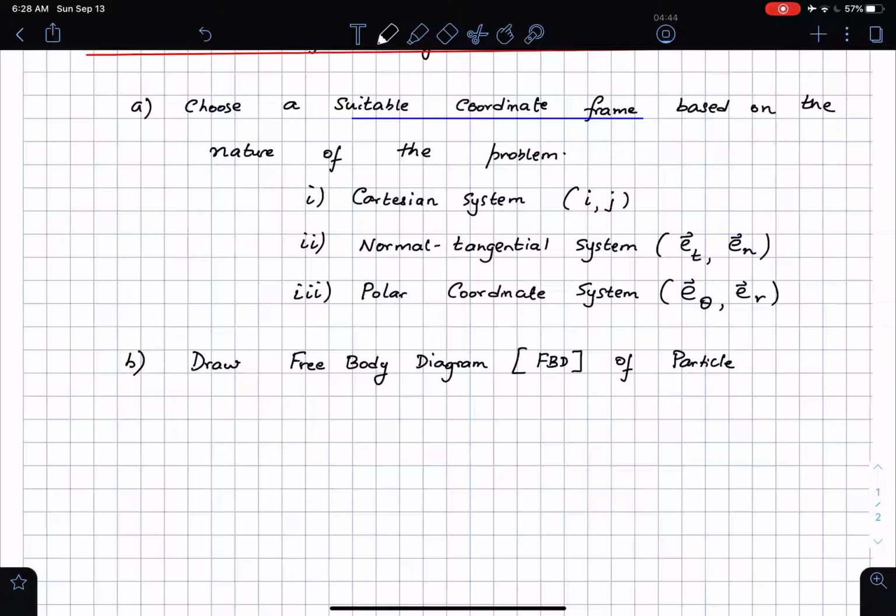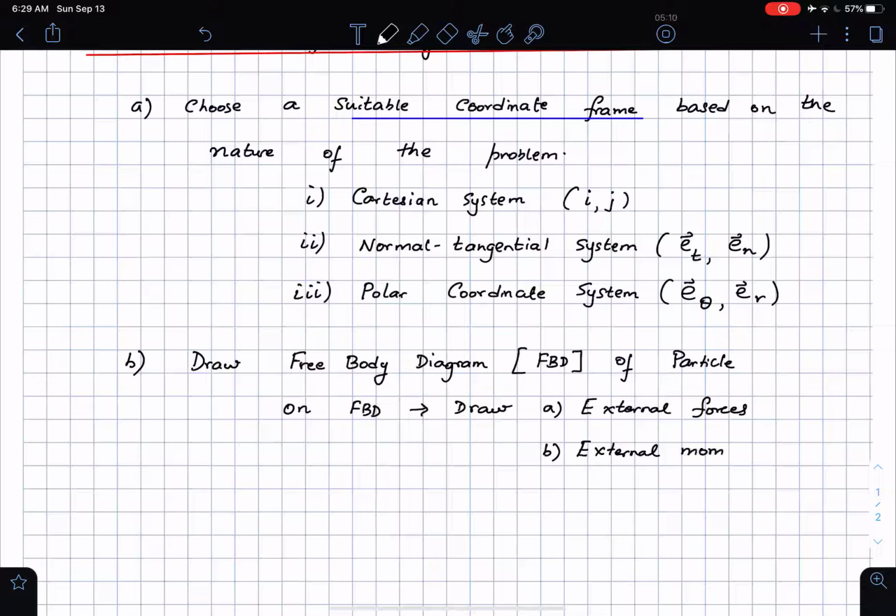On the FBD, you draw all the external forces and all the external moments, if there are any. On a particle there is going to be none; external moments only if you have a rigid body. The procedure I'm outlining is basically similar for a rigid body as well. Then you also draw out the support reactions and so on.